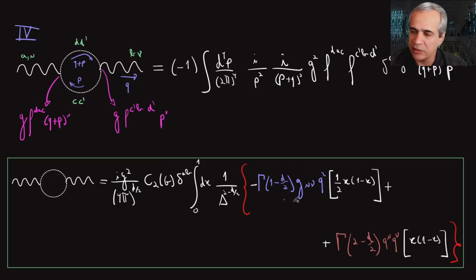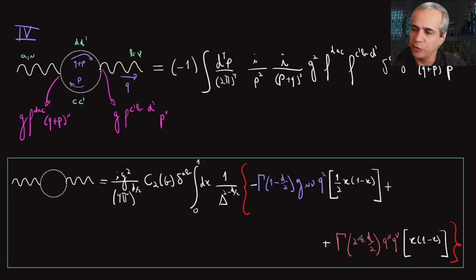Now in the case of the ghost, I have this structure that has appeared in all the loops 2, 3, and 4. But now instead of having g mu nu q squared times gamma of 2 minus d over 2, I have q mu q nu, which didn't appear in the previous one. And so the only one that has all three structures was loop number 2.